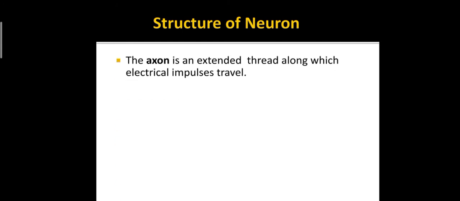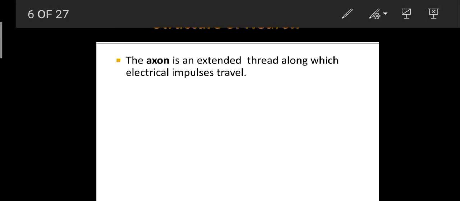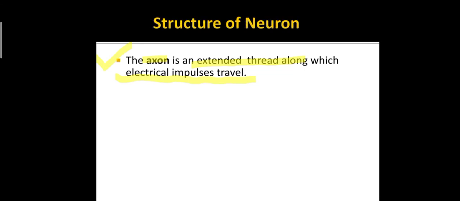Now we will discuss the structure of a neuron. If we talk about the structure of a neuron, then we see the axon. An axon is an extended, thread-like structure along which the electrical impulses travel.